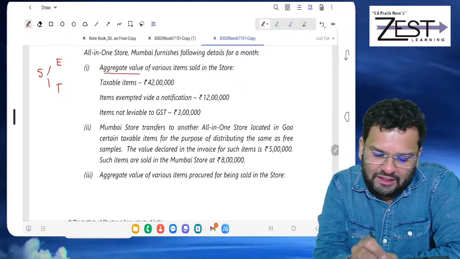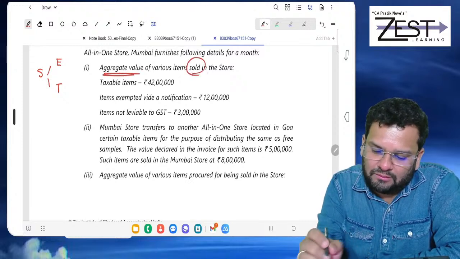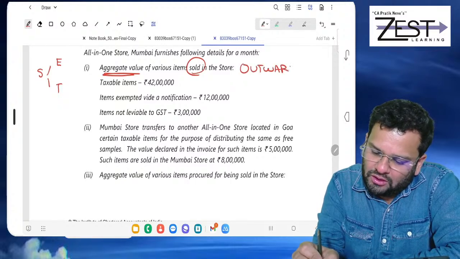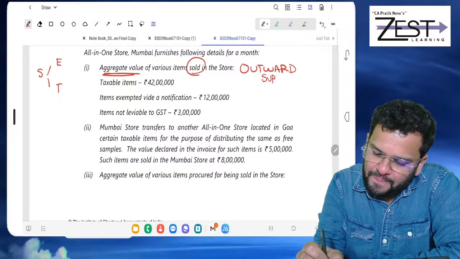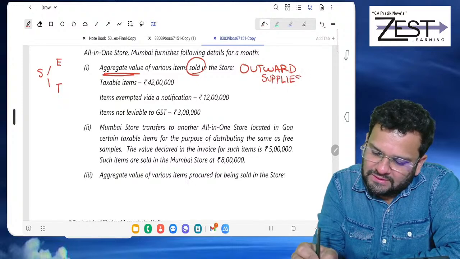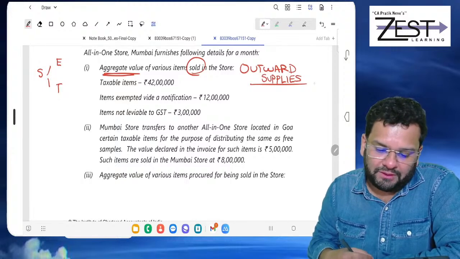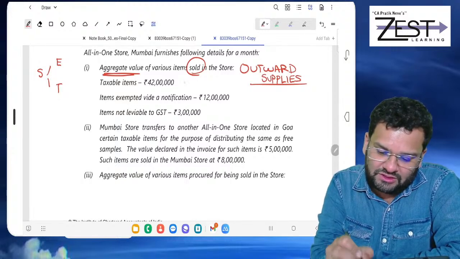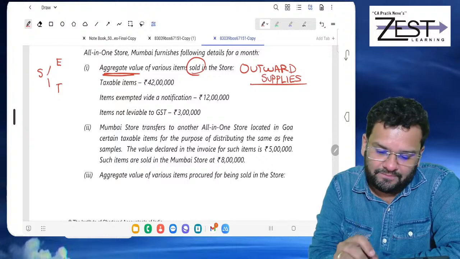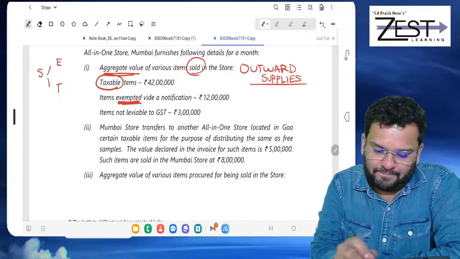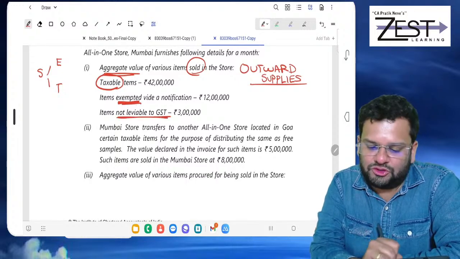Aggregate value of various items sold in the store. So can I say this is the detail of your outward supplies? Yes sir. This is the detail of outward supplies. What will happen with taxable items? Yes, on this there will be GST. So this is taxable. This is exempted and this is not leviable to GST.